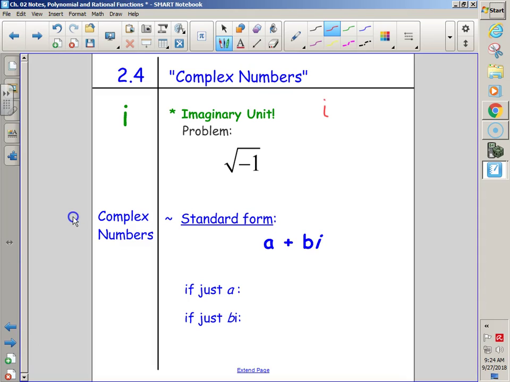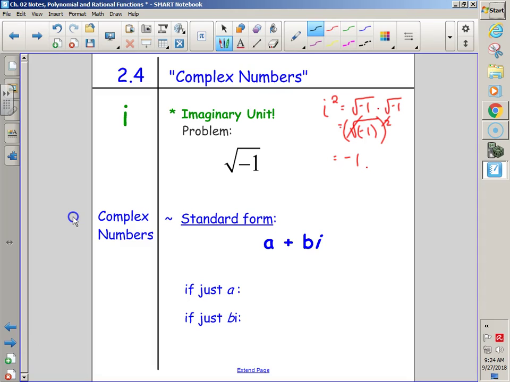Quick reminder, who's i squared? Only imaginary numbers can be squared to be negative. No real numbers can square to be a negative. We'll get back to that in just a second. But who is this guy?